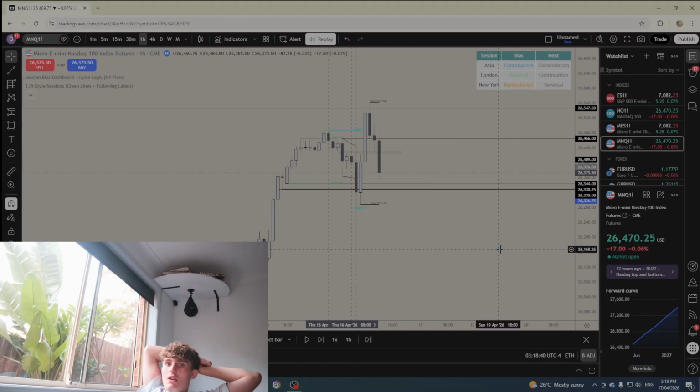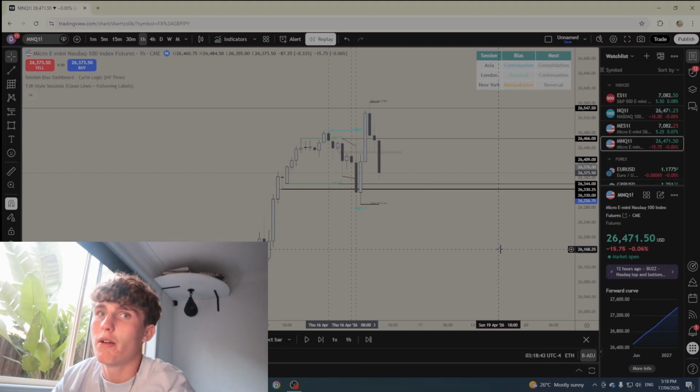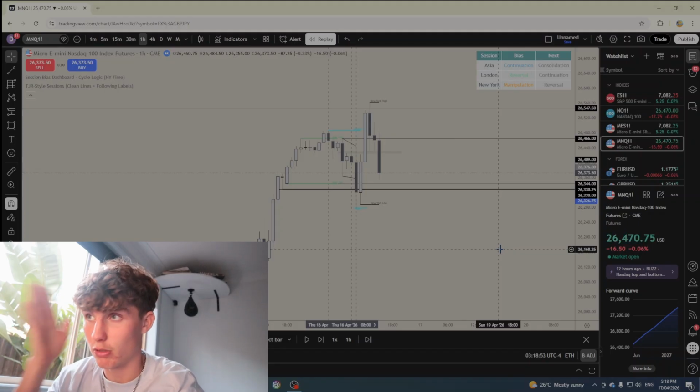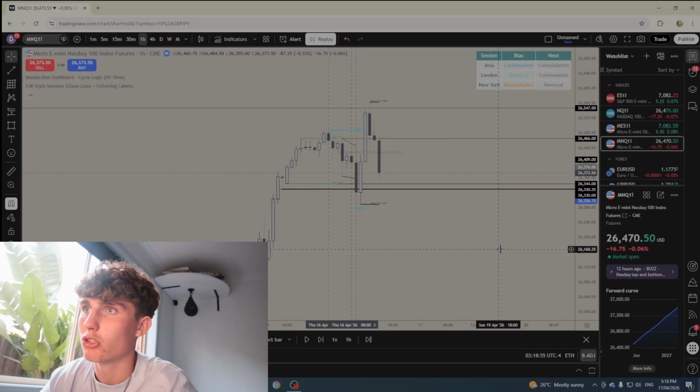The problem I'm finding is I'm making a bias and then forgetting, wait, this could be a short setup, but I'm only looking at buys. I want to buy, so I'm only looking at that. You know what I mean?